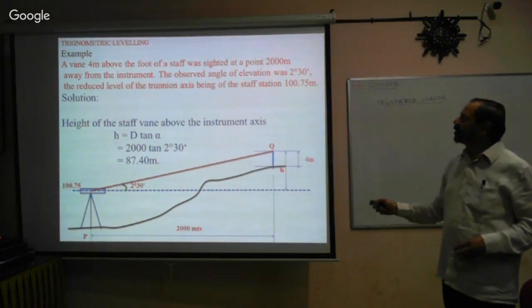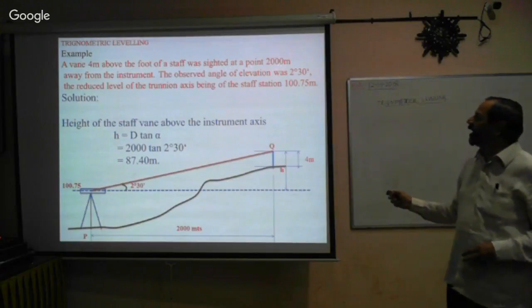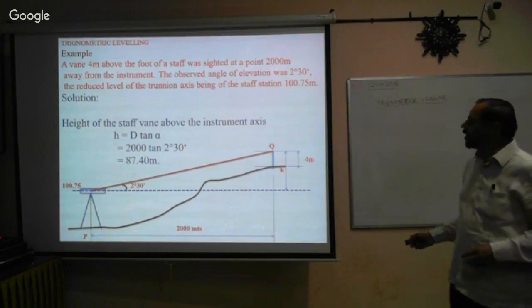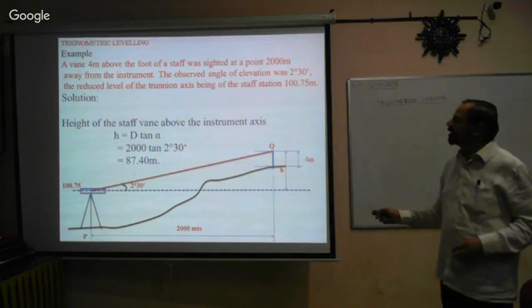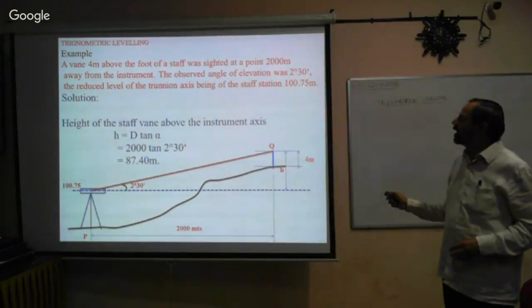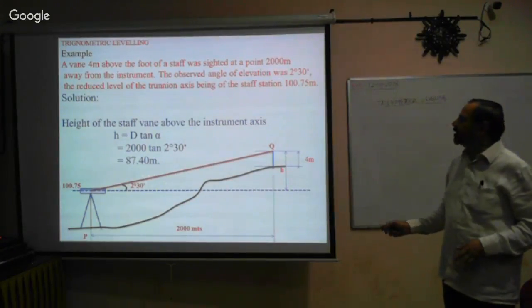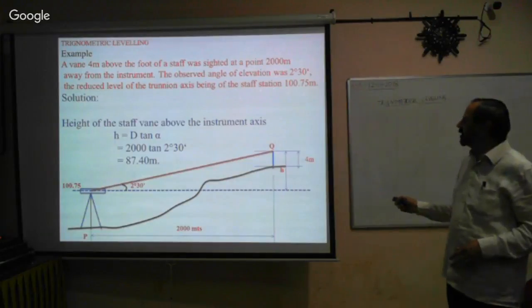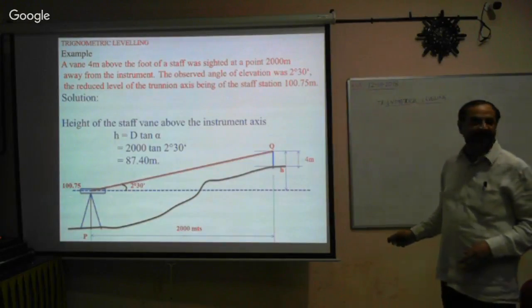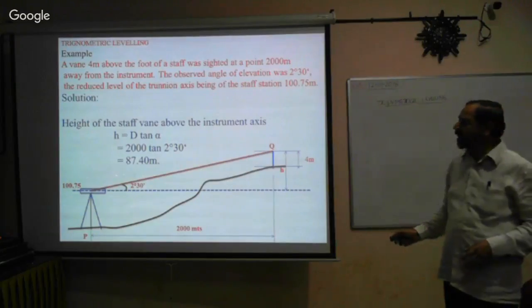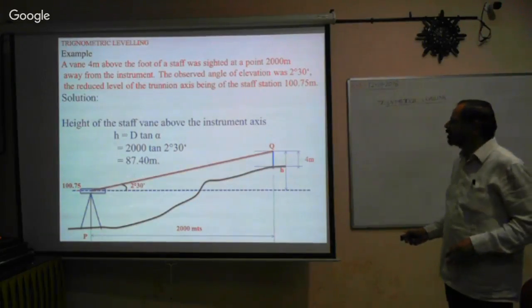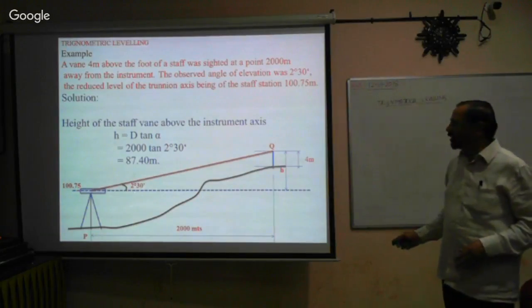A vane 4 meters above the foot of the staff was sighted at a point 2000 meters from the instrument station, isn't it? So the observed vertical angle is 2 degrees 30 minutes. The reduced level of the trunnion axis is, trunnion axis means the horizontal axis, no? RL of the instrument axis is there. So simple method.